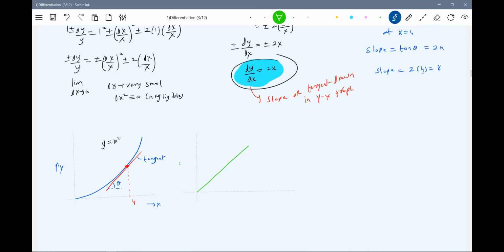This is the curve for dy by dx as a function of x. dy by dx equal 2x. There's a slope. How it varies with x? Put x equal to 1, 2, 3, 4, and the slope will also gradually increase. This is the variation of slope with x.